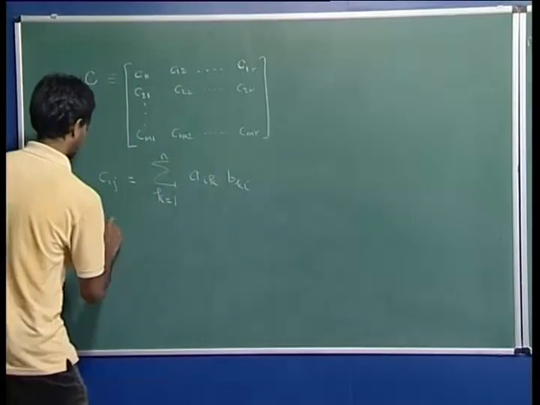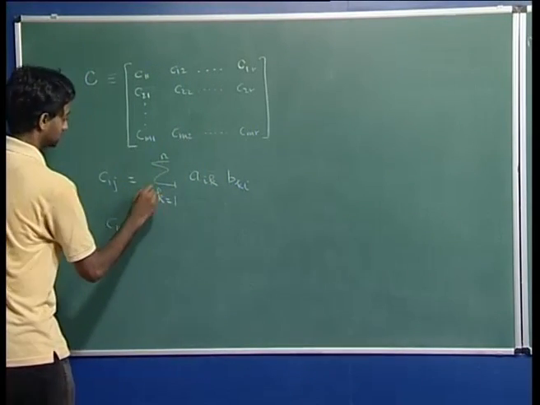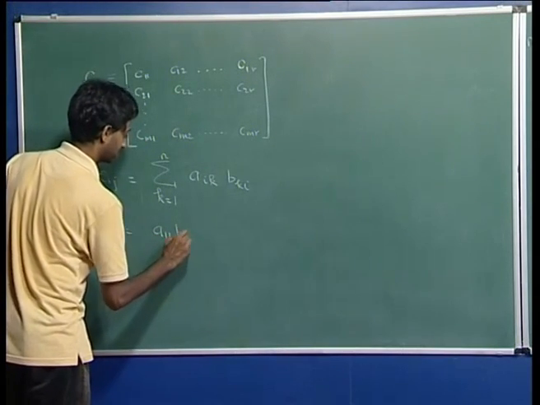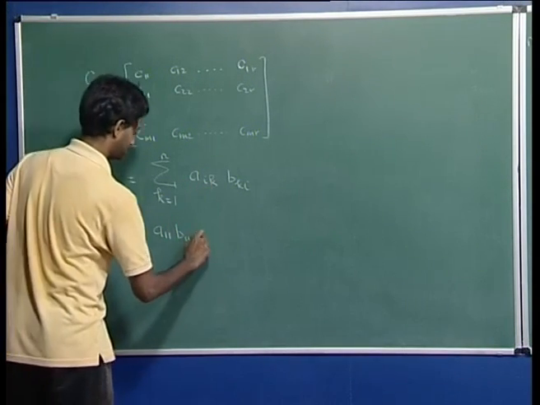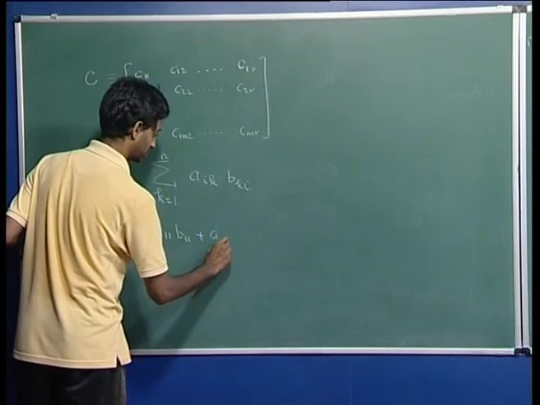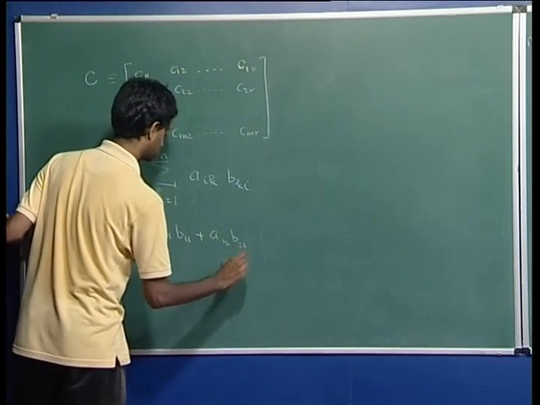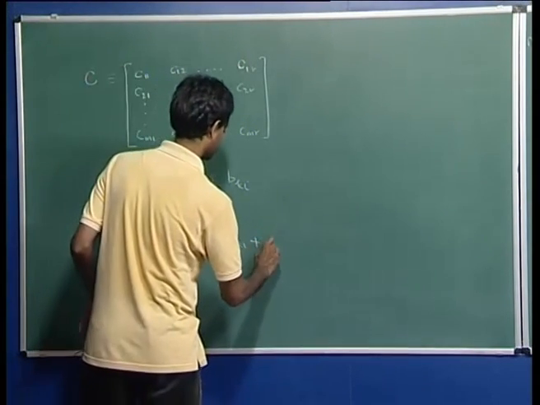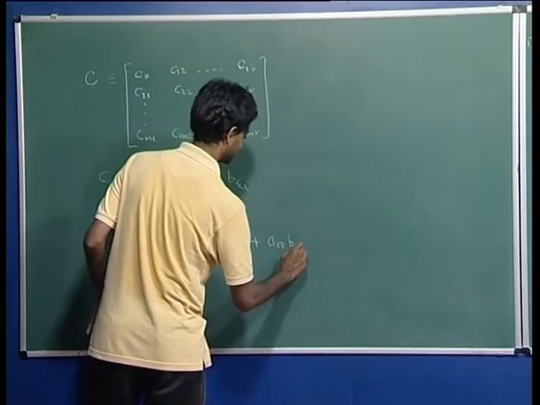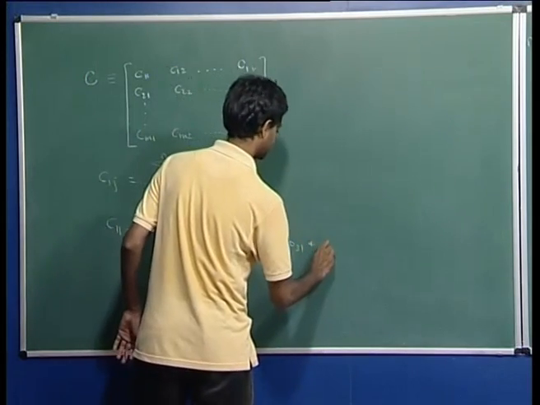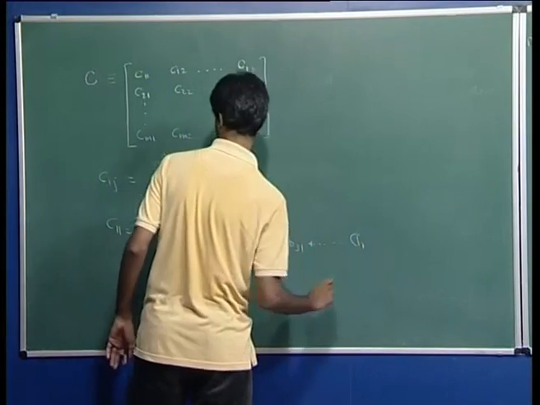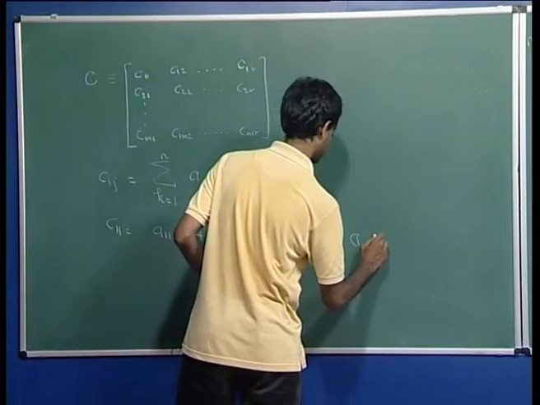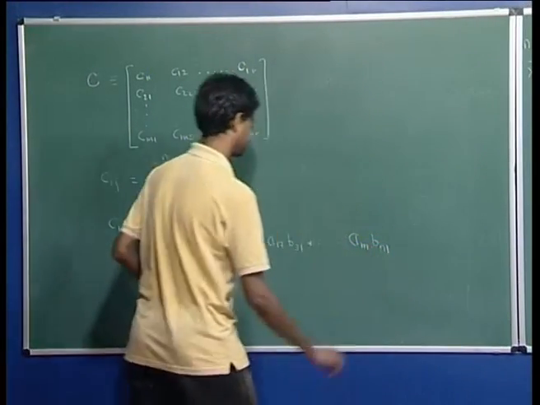So, C 1 1 is equal to A 1 1 B 1 1, where k equal to 1, plus A 1 2 B 2 1, okay, plus A 1 3 B 3 1 plus all the way up to A 1 n B n 1.